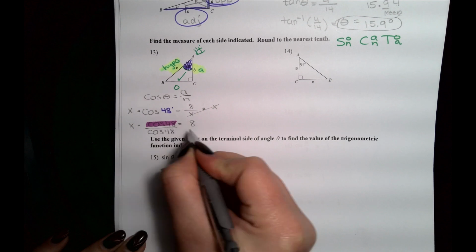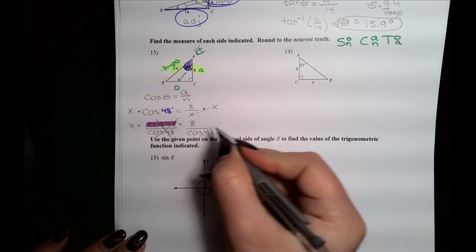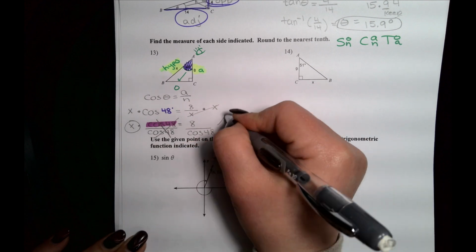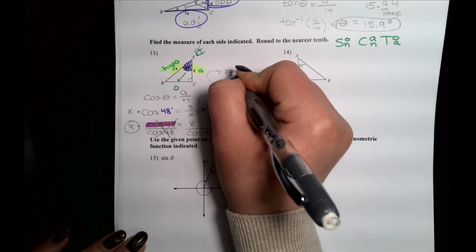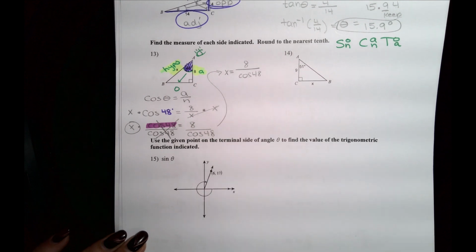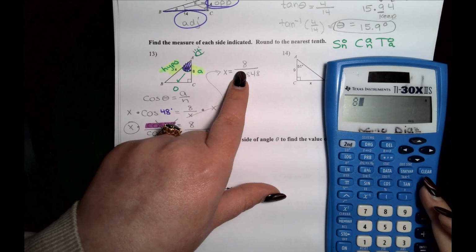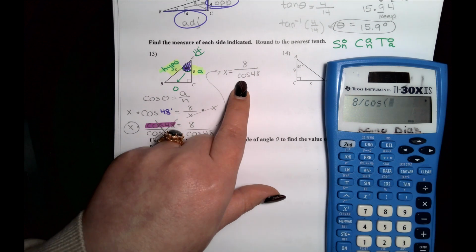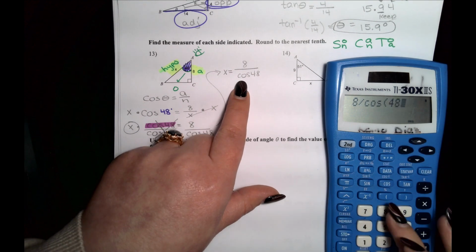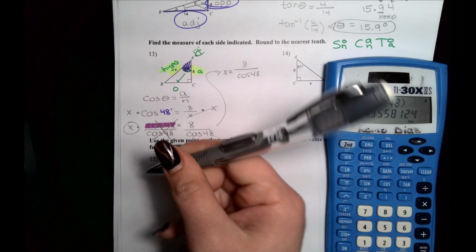So I'm going to take that cosine of 48 and divide both sides by it, which then leaves us with x. x is equal to 8 divided by cosine of 48 degrees. You pick up a calculator, you type that in. 8 divided by cosine, no extra parentheses. This is going to give you openings on its own for your 48. Enter. Round to the nearest tenth.